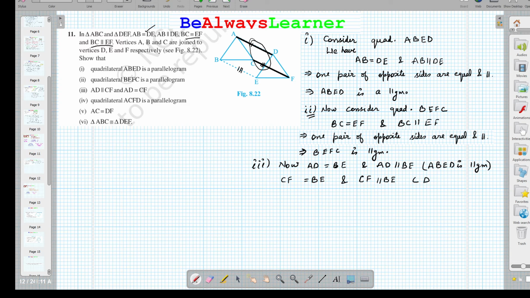Because from the second part BEFC is a parallelogram.